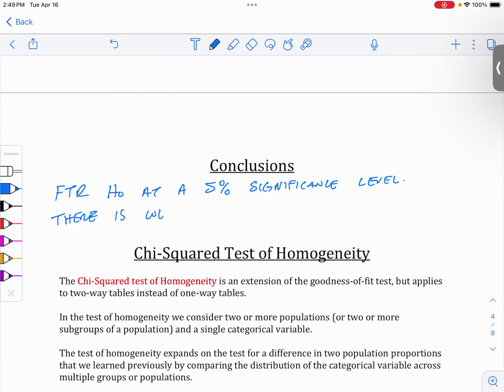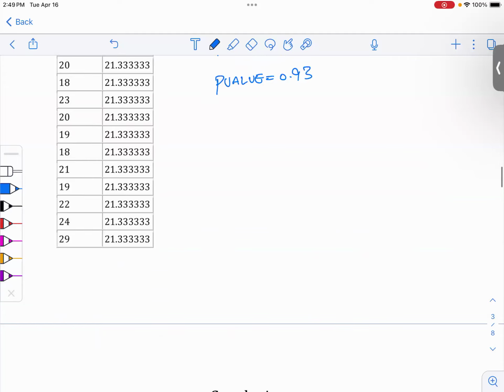There is weak evidence to show that. And then here's the best part.